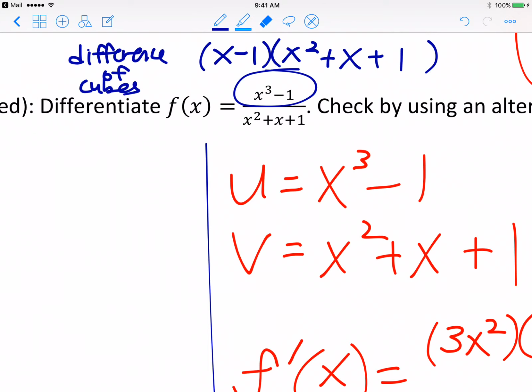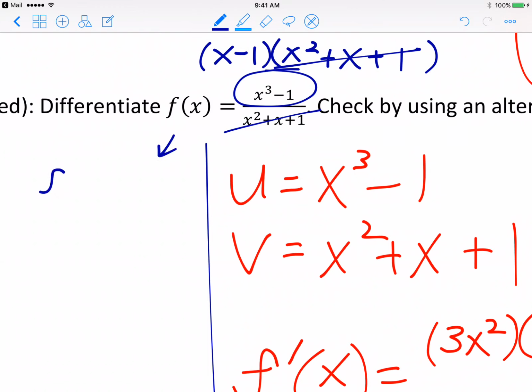After you factor x to the third power minus 1, notice that you could cancel out one of the factors with the entire denominator, and you could rewrite the fact that f of x is equivalent to x minus 1.